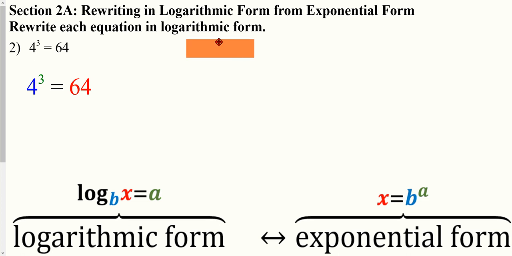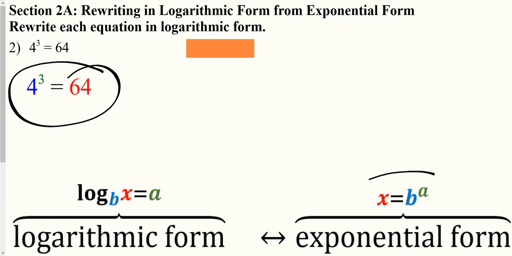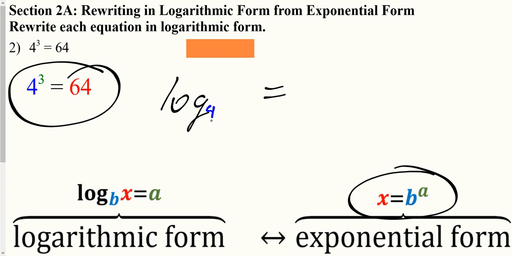I have the color-coded version here, so what we have right here is very similar to this right here. We're going to go log of our base. Our base is the thing that the exponent is on. That goes as a subscript after your log. What is your exponent up here? The 3 is what goes on the other side all by itself.